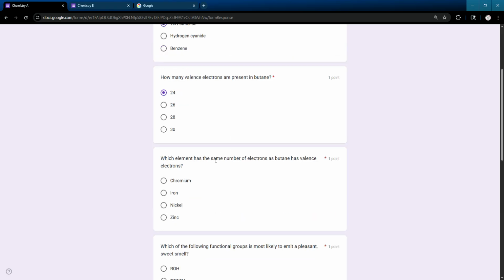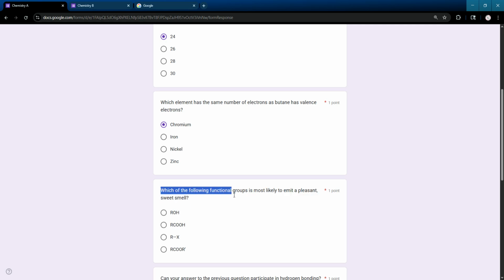Let's go with 24. Same number of electrons as the butane has valence electrons. So which element has the same number of electrons as butane? Chromium.